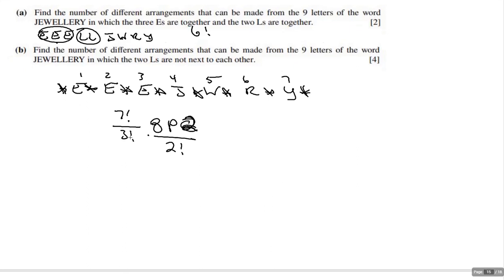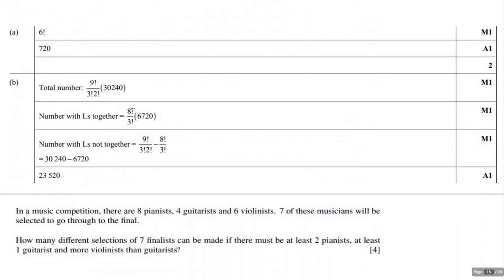Right. Now, notice what they did was they found the number of ways where the L's are together and they subtracted it from the total number of ways, but you get the same answer.